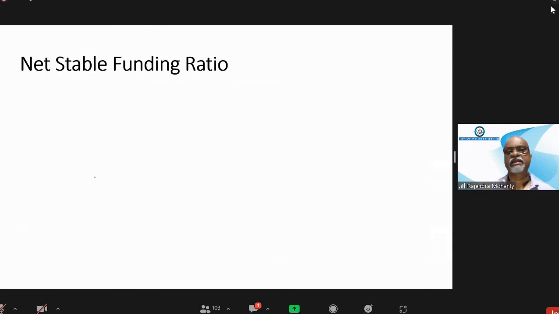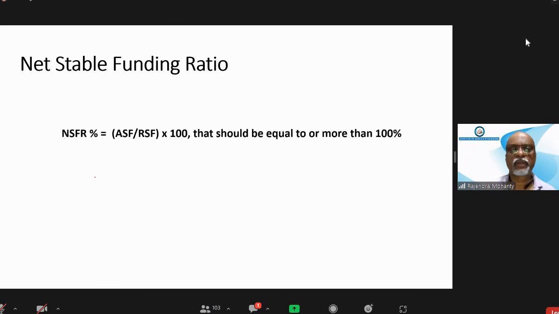Now we'll go to the net stable funding ratio. As I told you, these are the stable funds the bank has to maintain. The bank has to have a sufficient stable source of funds in order to mitigate the risk in future, which may arise from long-term funding risk or long-term liquidity risk. It is calculated as ASF divided by RSF.